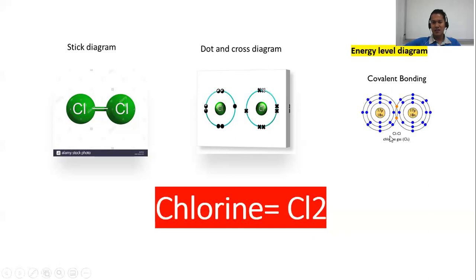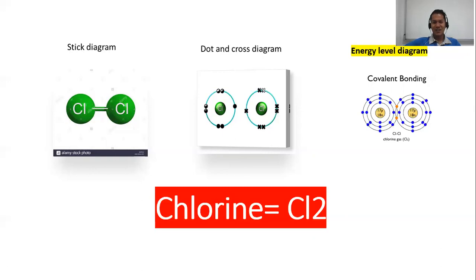That's why you call it Cl2. If you're going to use the stick diagram, we're not going to worry about the rest. Since they shared this, it's going to have 1 stick. This is the stick diagram: Cl, stick, and then Cl. And that's pretty easy.